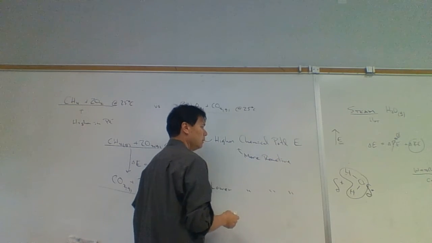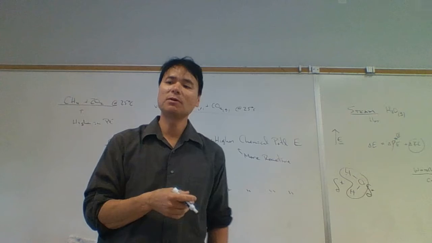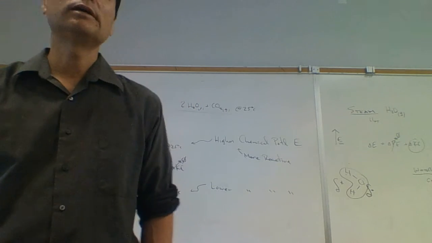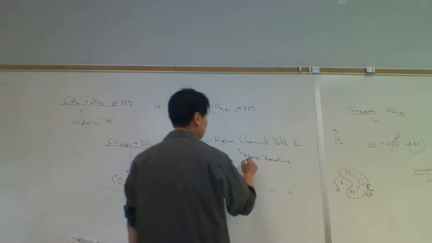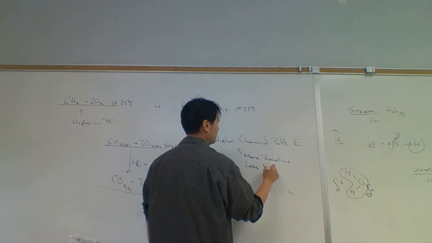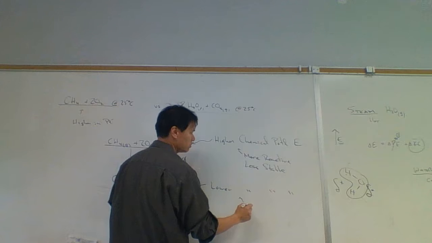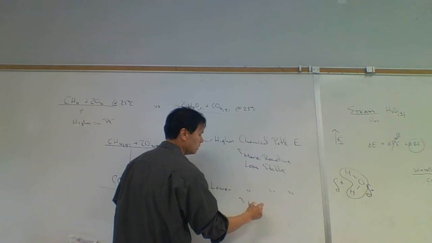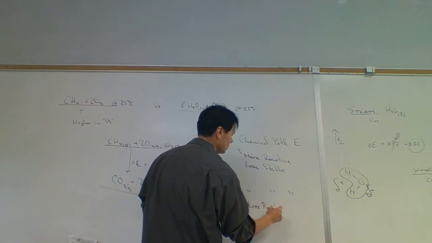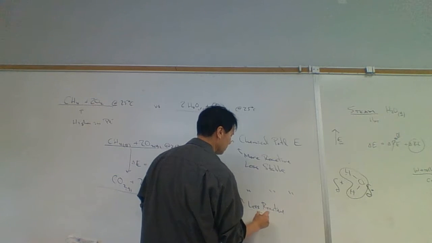And this is more reactive means more stable or less stable? Less stable. So more reactive, less stable. Whereas something that has a lower chemical potential energy, this would be less reactive, more stable.